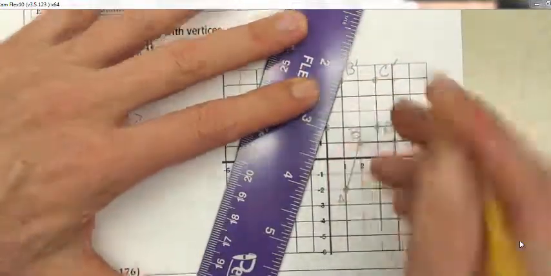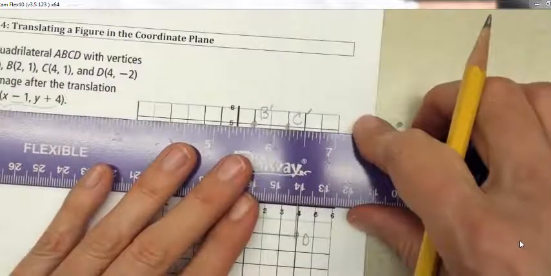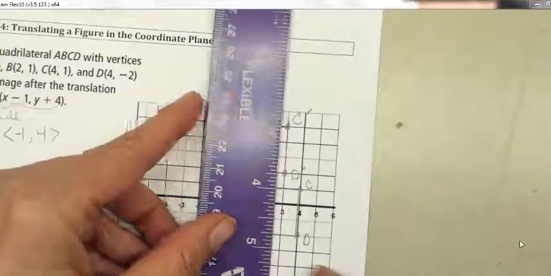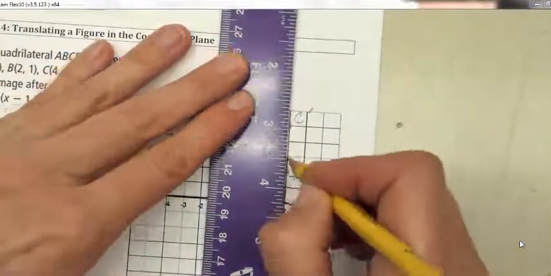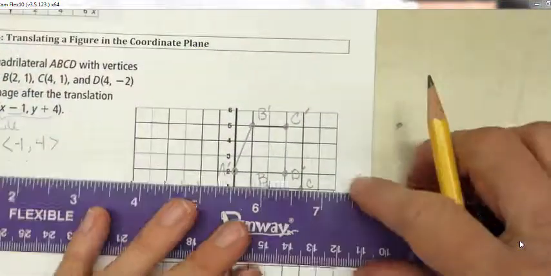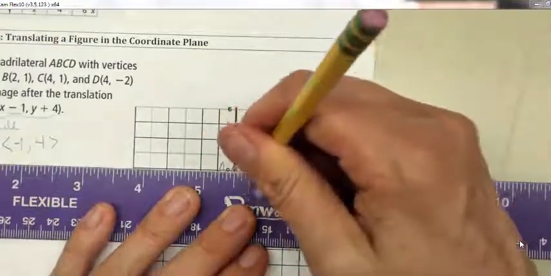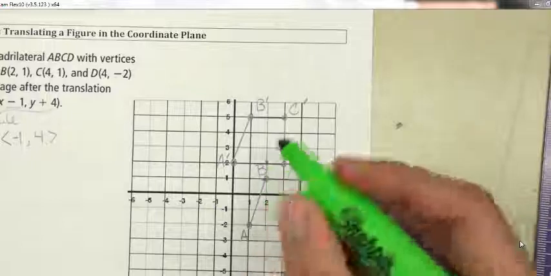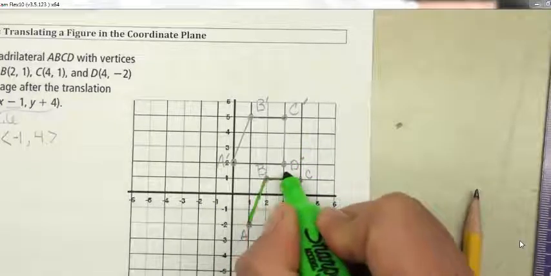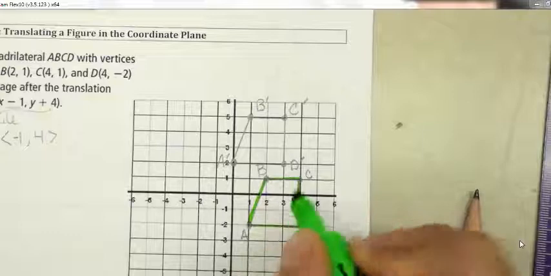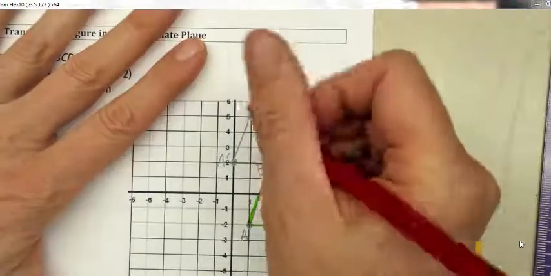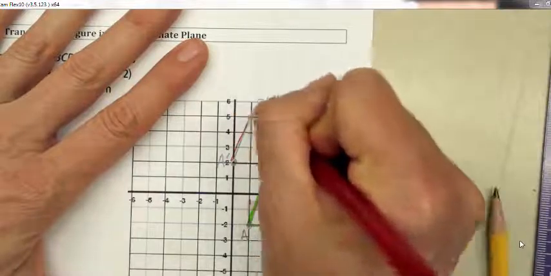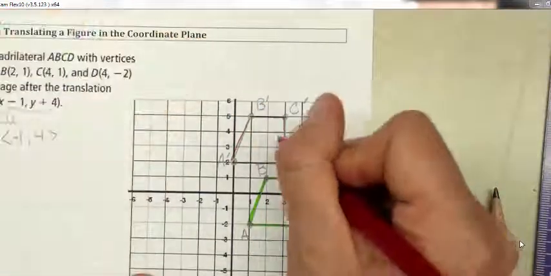So they can kind of pop out at us. So my image is this first one. And my pre-image, how about I use this red pen? Will this show up? Yeah. So pre-image, image.